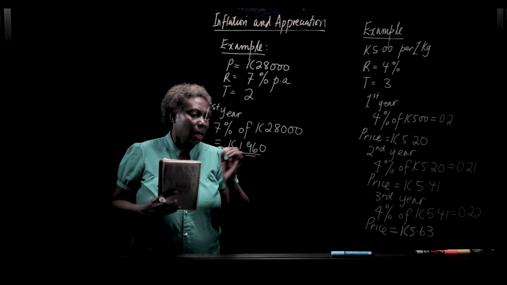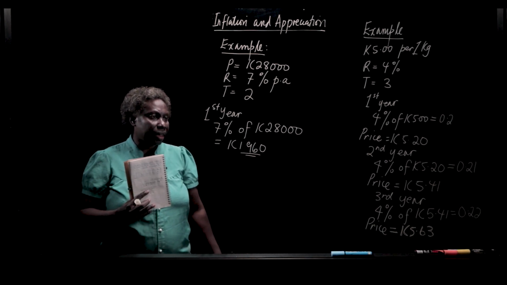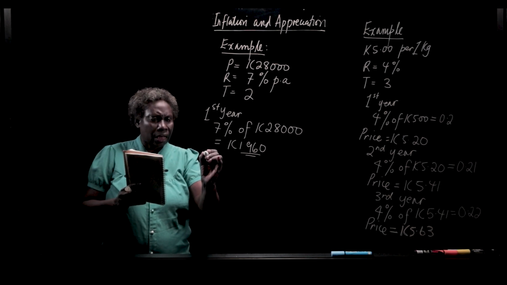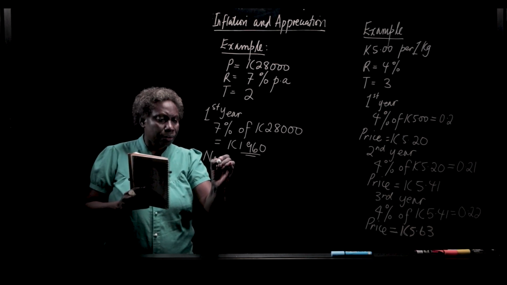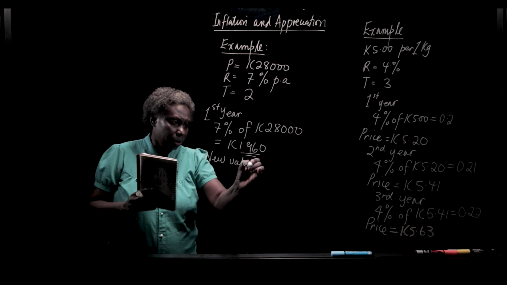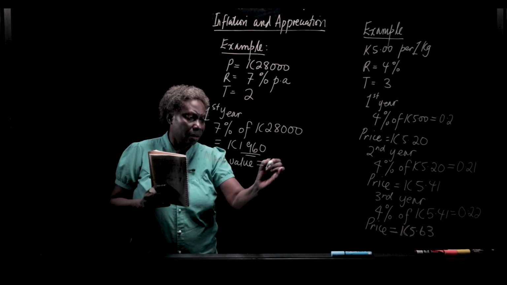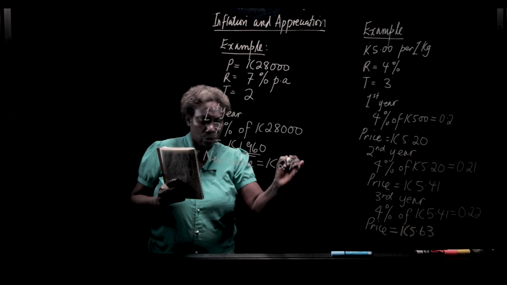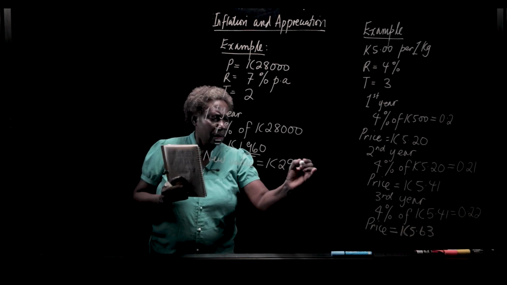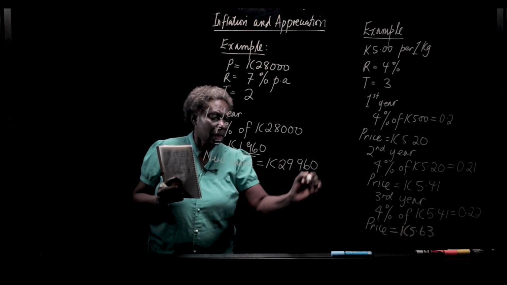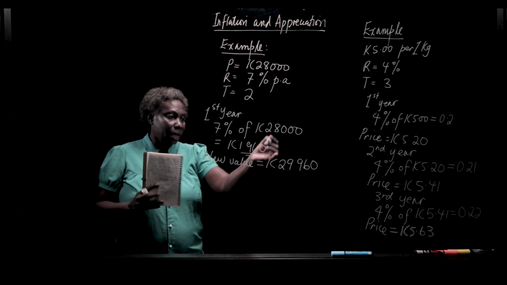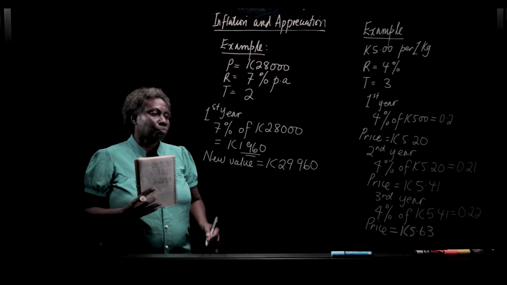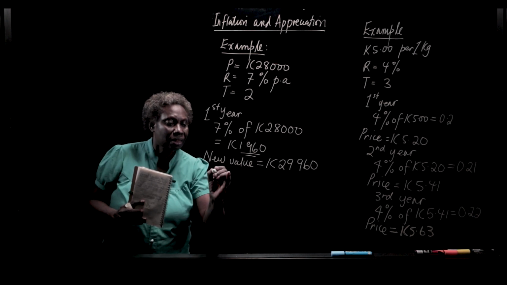So that's how much it appreciates by at the end of the first year. So the new value at the end of the first year is 29,960 kina. So that's the value of the land at the end of the first year.